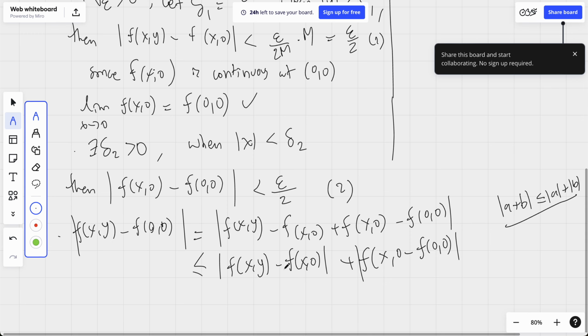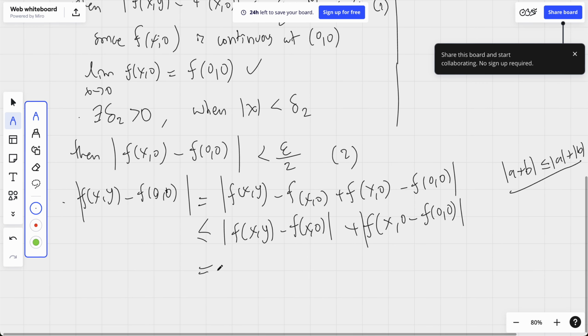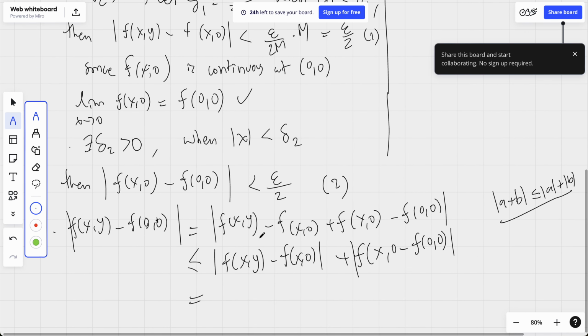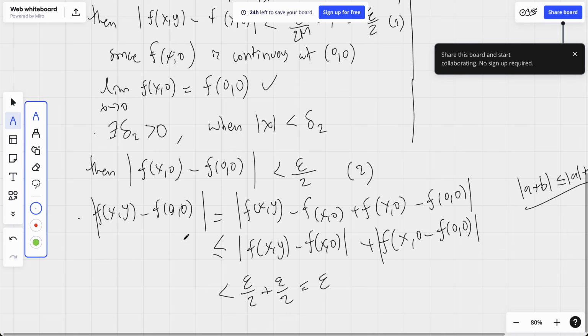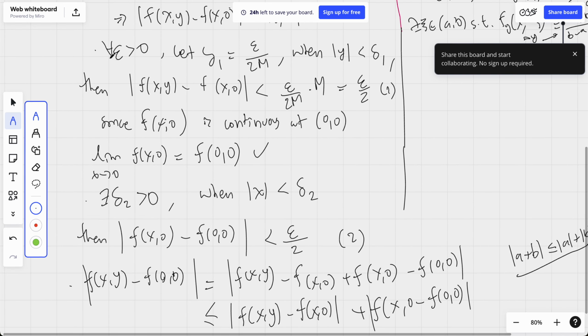Now this one is smaller than epsilon over 2, and this one is also smaller than epsilon over 2, and this is just equal to epsilon. And this is all related to this epsilon greater than 0.